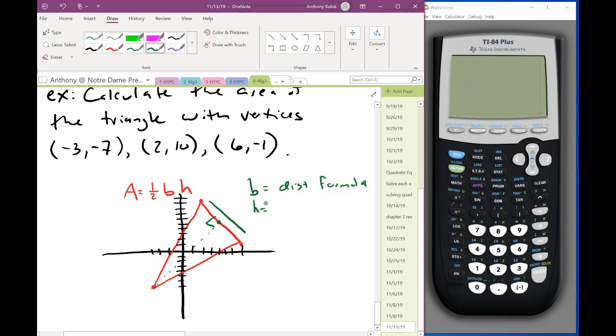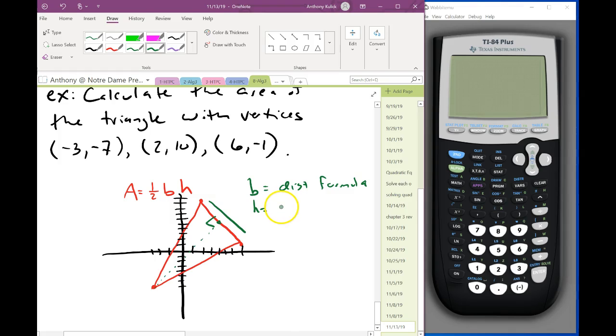How are we going to figure out H? Well, how do you know where it intersects B? This is a problem.